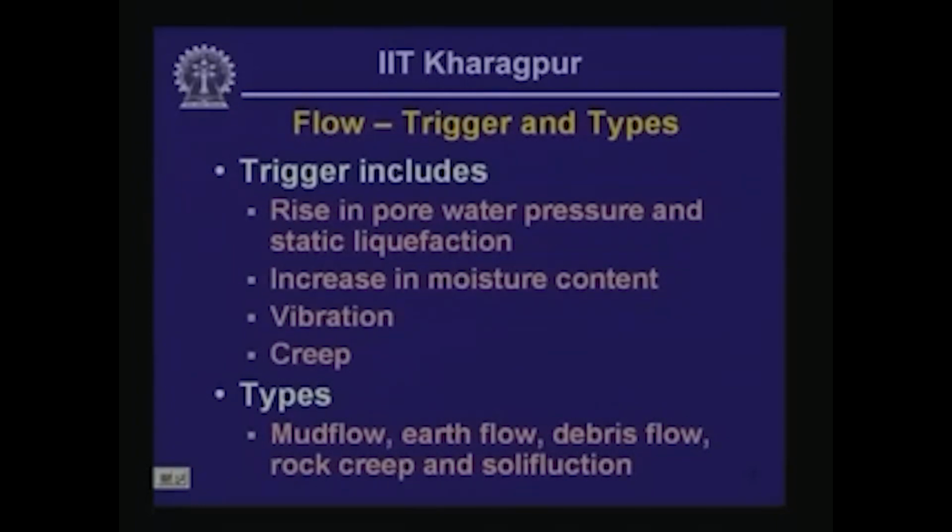Because of snow melt, the moisture content within the shallow soils becomes larger, and the soil becomes soggy, softer, and that triggers intermittent downslope movement. But the last two categories of this group are slow movements, whereas mud flow, earth flow and debris flow are quite fast.